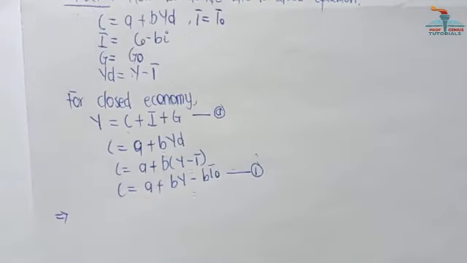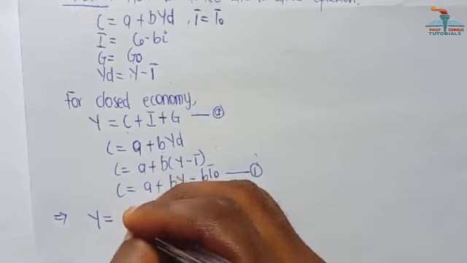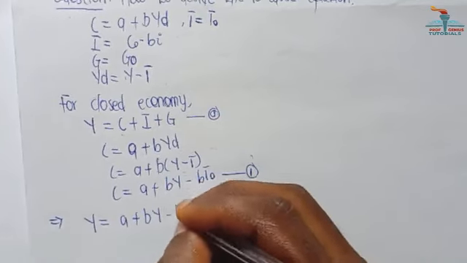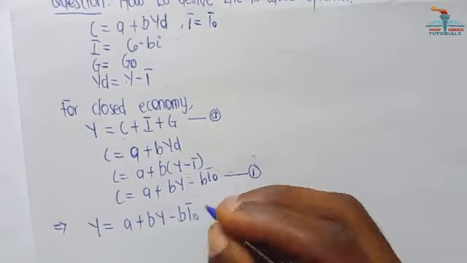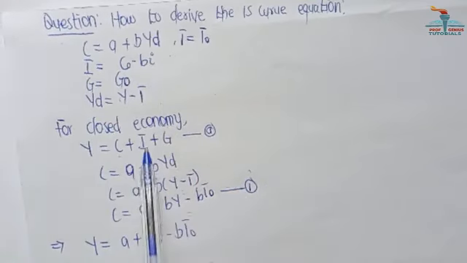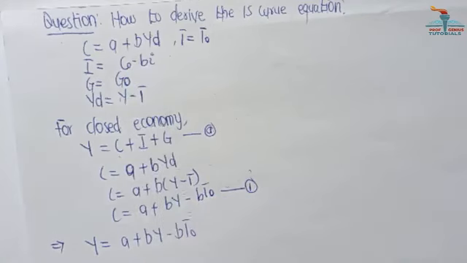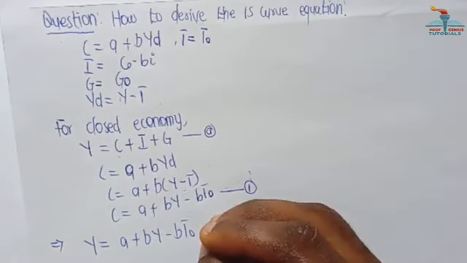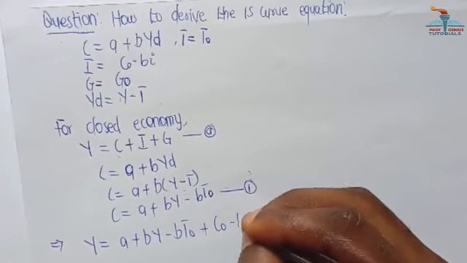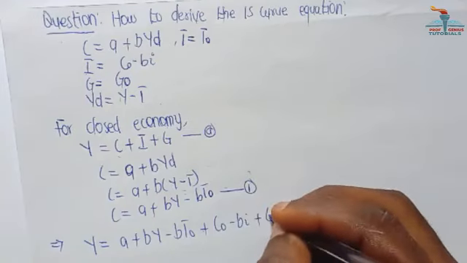So it implies we are going to get Y is equal to, now we know C is equal to A plus BY minus BT naught, then plus I. I is equal to C naught minus small b I, so plus C naught minus small b I. Then our G is equal to G naught.